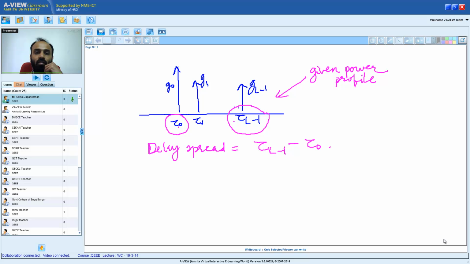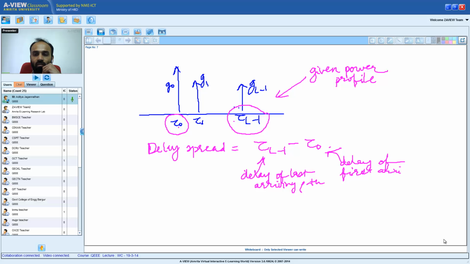That is, the delay of the last arriving path minus the delay of the first arriving path.